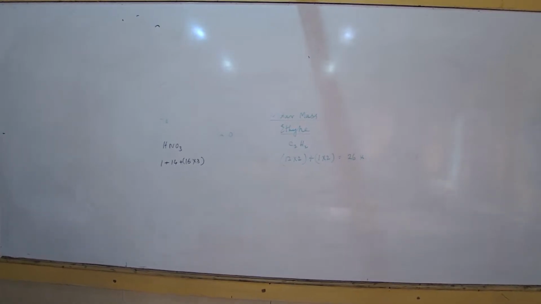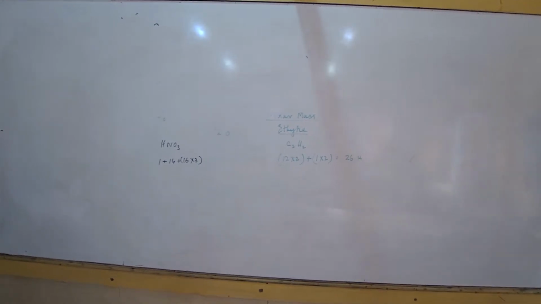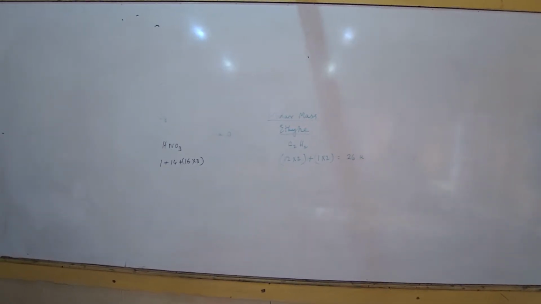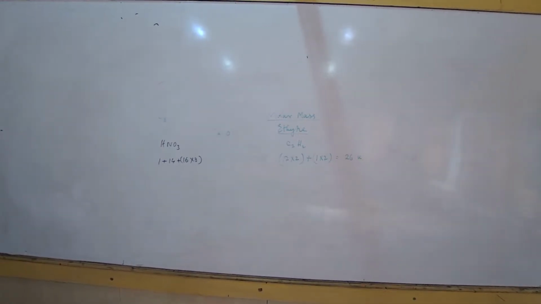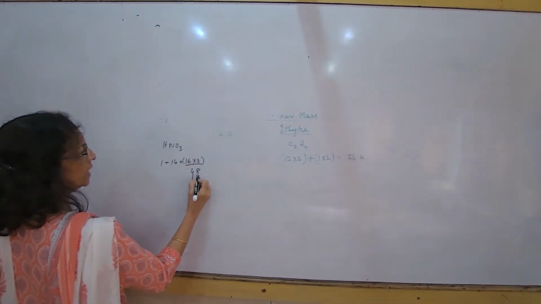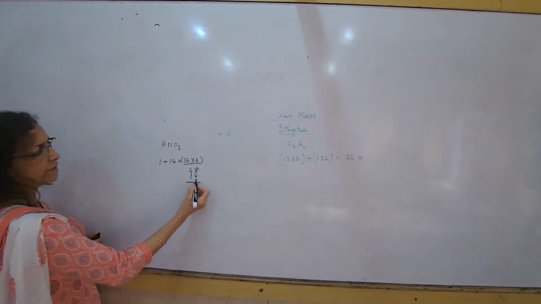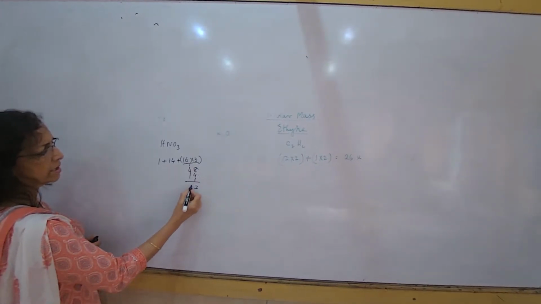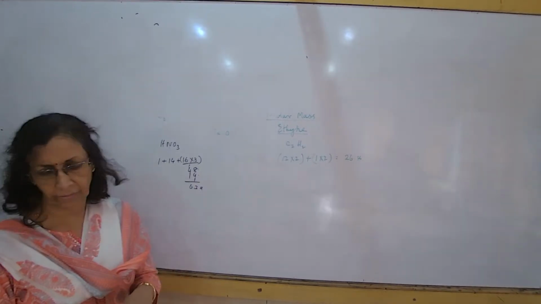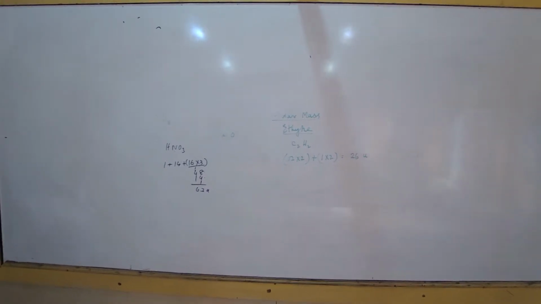There is only one atom of hydrogen. 63. See properly. 14 and 48, so 62, plus 1 is 63. So this is 63 u.